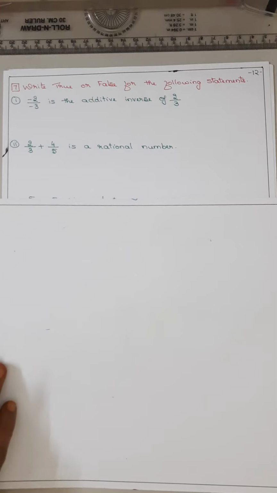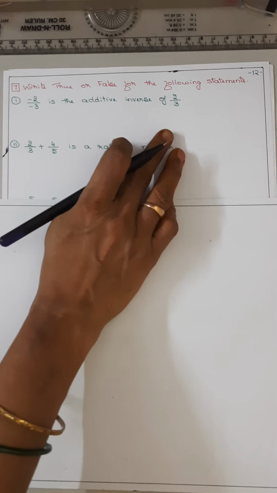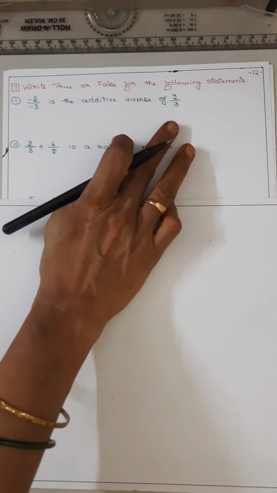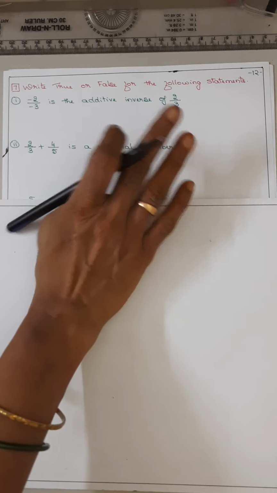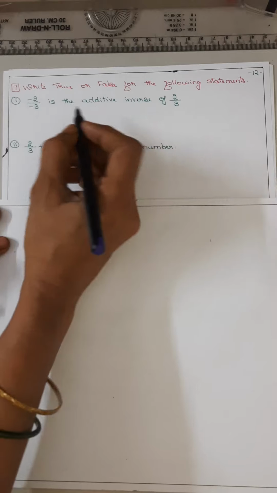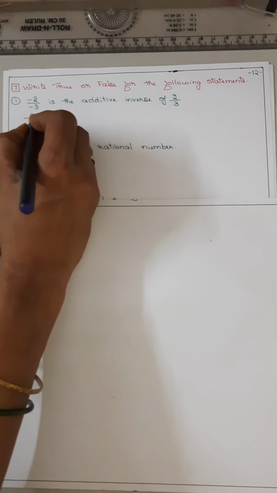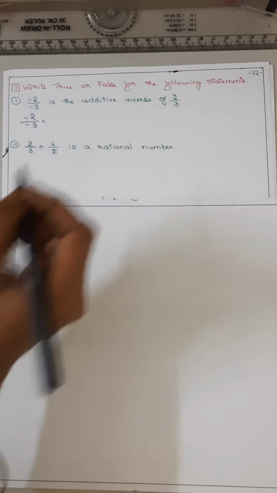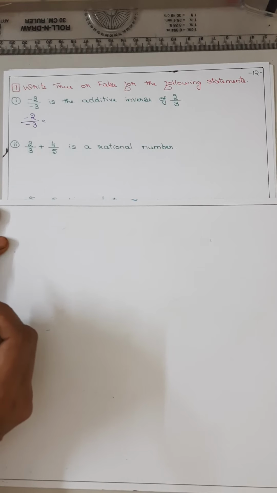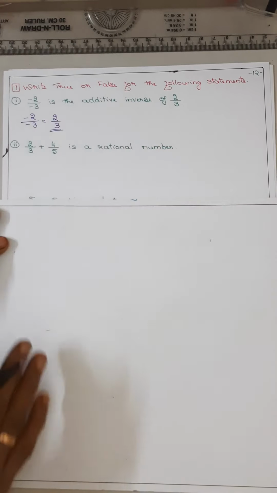minus 2 by minus 3 is the additive inverse of 2 by 3. First you write the minus 2 by 3. Additive inverse is what? Find out. So, minus 2 by minus 3 can be written as, when both numerator and denominator are negative, it becomes both positive.